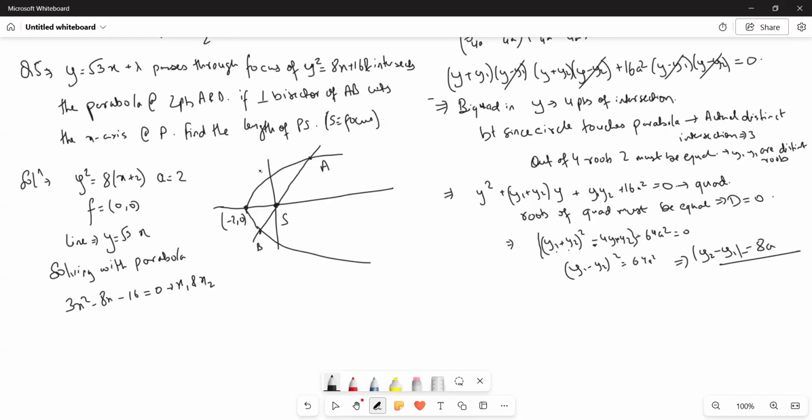Now the next part of the question is that the perpendicular bisector of AB cuts the x-axis at P, and we have to find the length of PS. Since it's the perpendicular bisector, let's suppose this point is Q. How can we find the coordinates of Q?